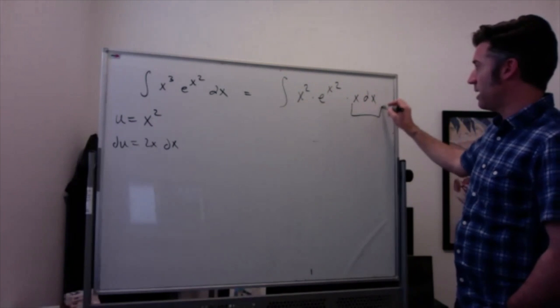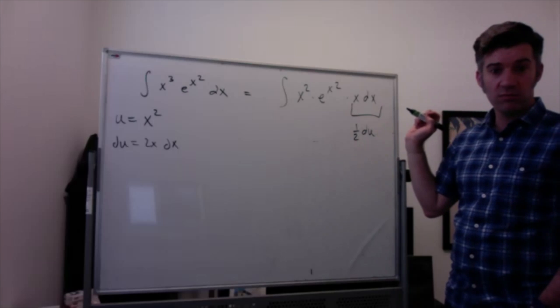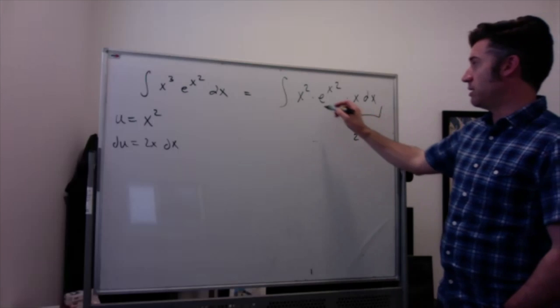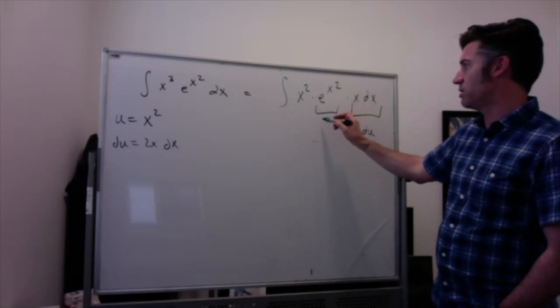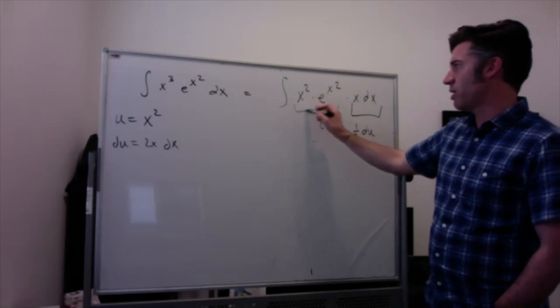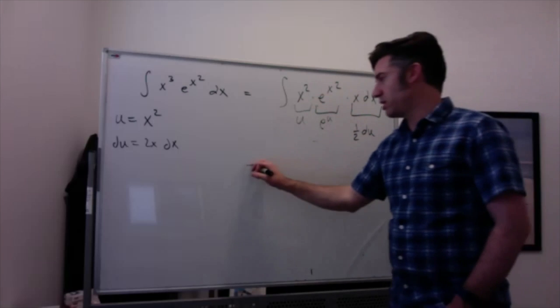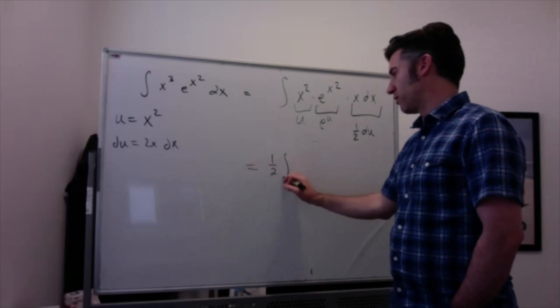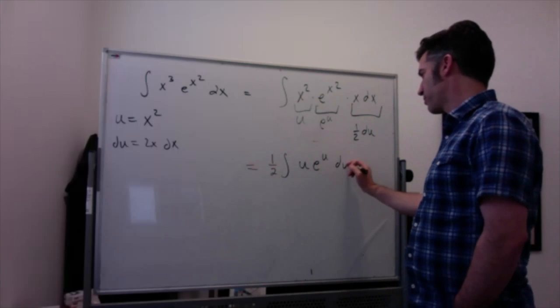And then the x dx is going to be 1/2 du. And well, look, I'm good to go now, because my e to the x squared is e to the u, and my x squared is u. So now I'm really integrating 1/2 the integral of u e to the u.